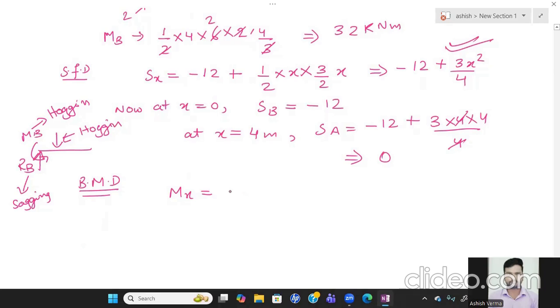So here we can write the equation, that is RB into x minus, due to the downward loading, half into x, and the loading intensity Wx is taken as 3 by 2 of x, and it is applied at a distance of x by 3.